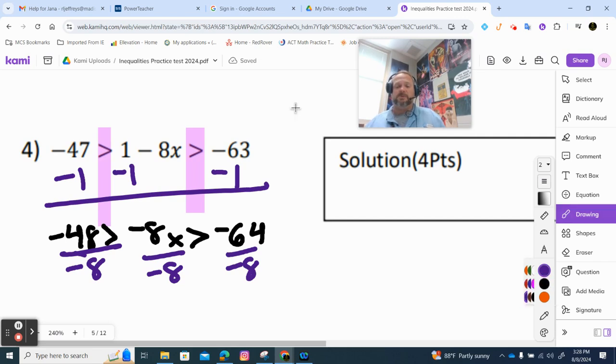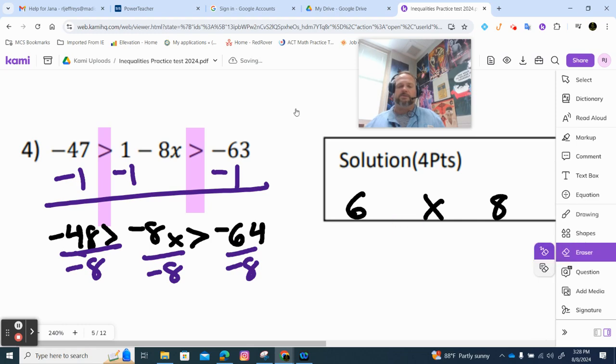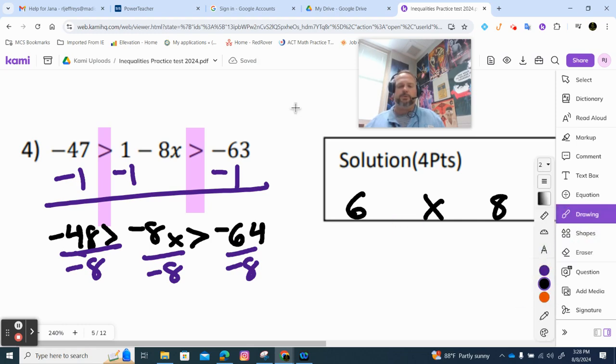All right. So I know there's going to be x right there. I know this is going to be a 6. I know this is going to be 8. And these are going to go the opposite direction. Do the color I want you to do. Okay, I'm hitting the purple. Bam.